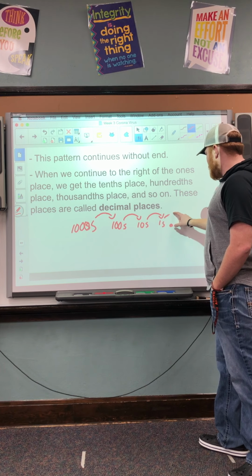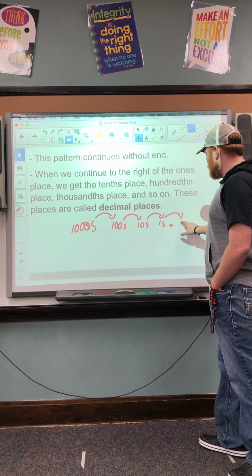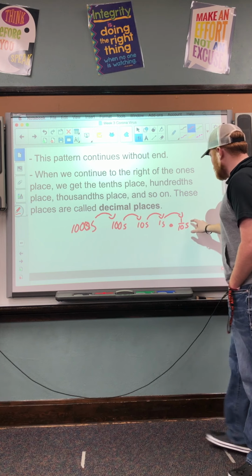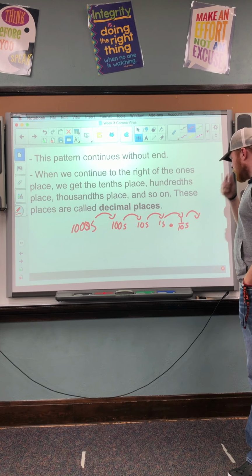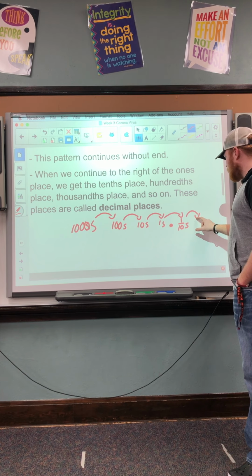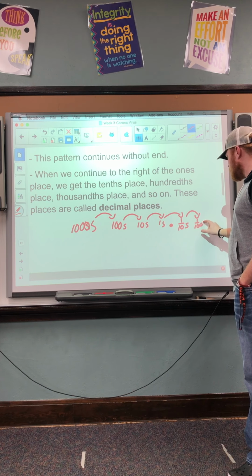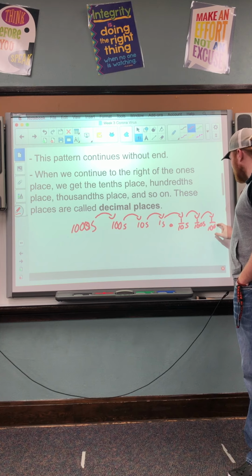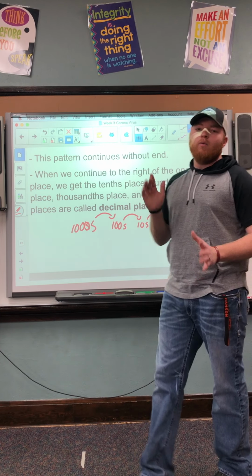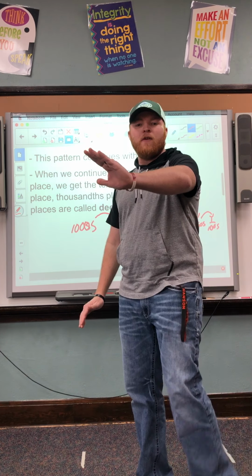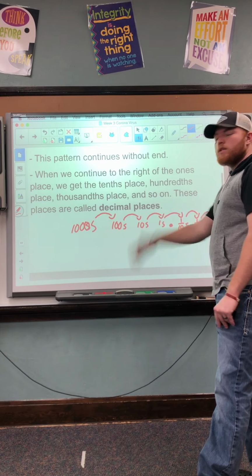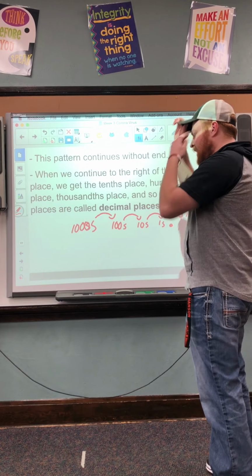When we divide by 10 here, we get the tenths place. Divide by 10 again, we get the hundredths place. Divide by 10 again, we get the thousandths place. And just like when we multiply and move to the left, it's infinity. To the right, it goes on forever. There's no stopping it.